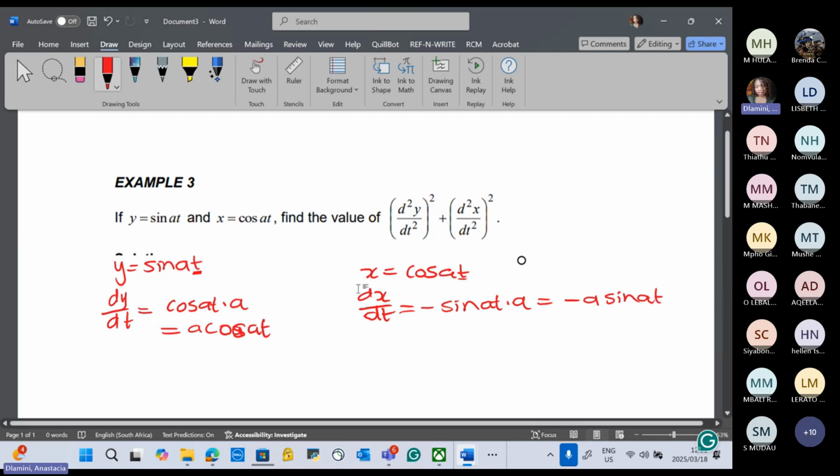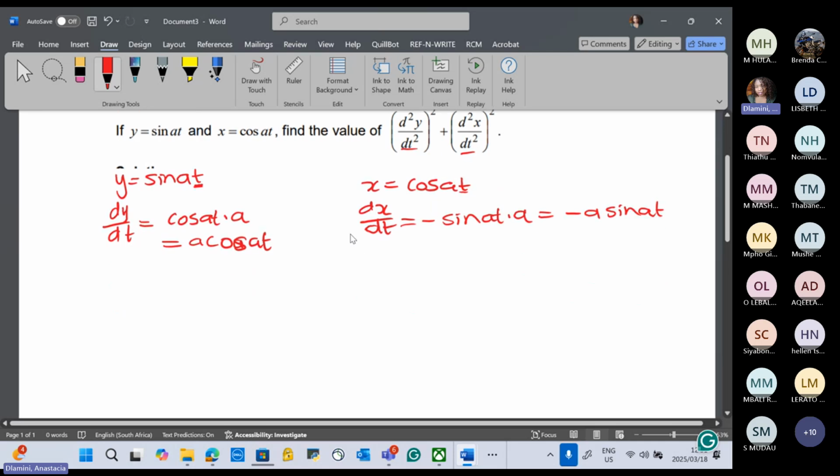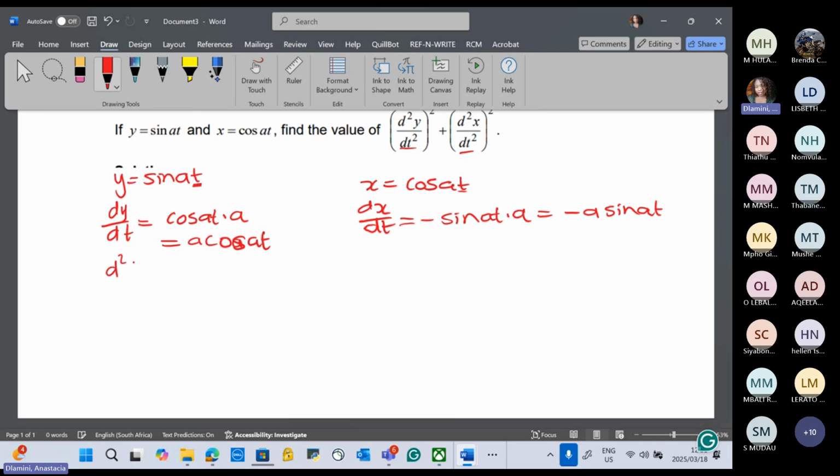I'm not done because they wanted me to find the second derivatives. So let's do that. This is the second derivative d squared y over dt squared. When I differentiate, this will be a times negative sine of at times a, so this is equal to negative a squared sine of at.